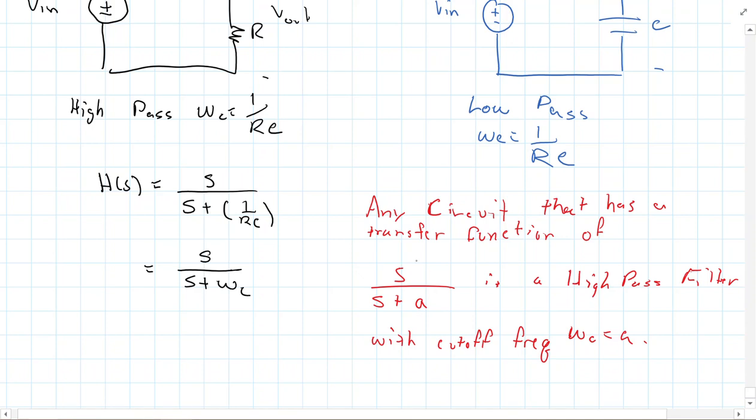If we just get a circuit that's got a transfer function in this form, we already know it's a high-pass filter.